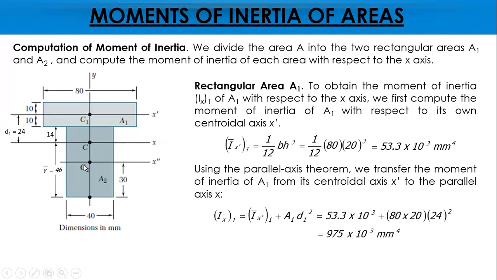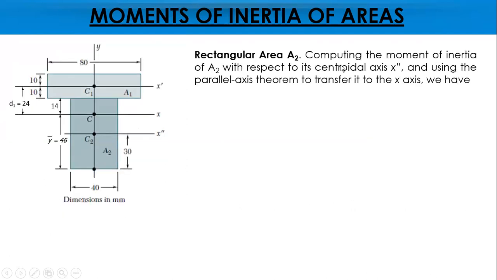Next is element 2, and then we add them. For element 2, first we compute the centroidal 1 over 12 BH cubed: 1 over 12 base 40, height 60 cubed. And then we compute D2. D2 is the distance between the centroidal x-axis, x double prime, and the x-axis. 46 minus 30, D2 is 16.